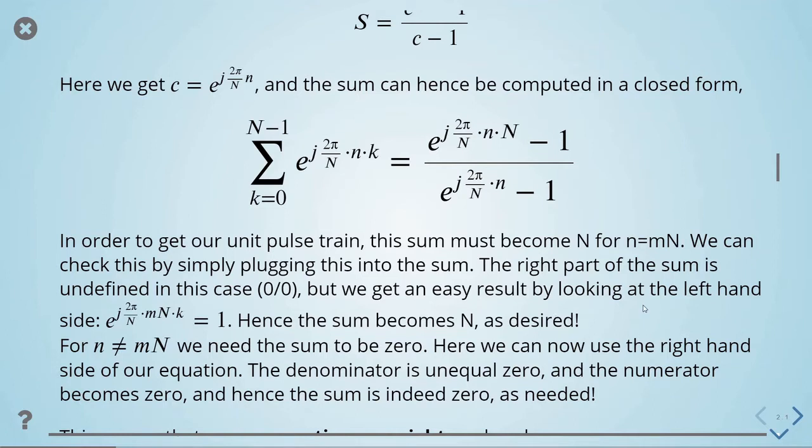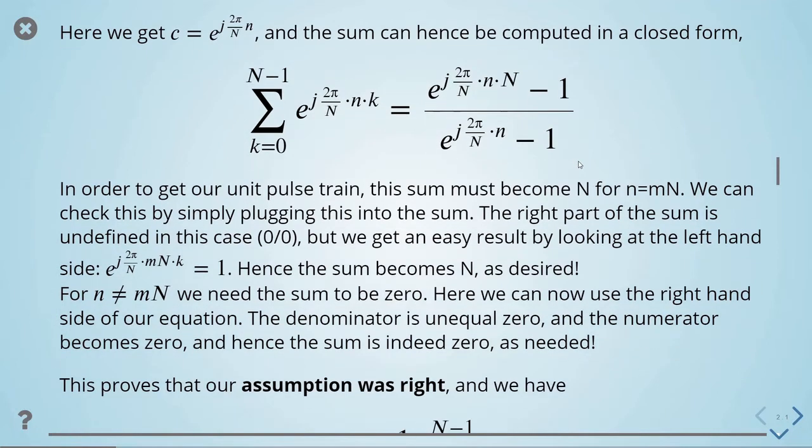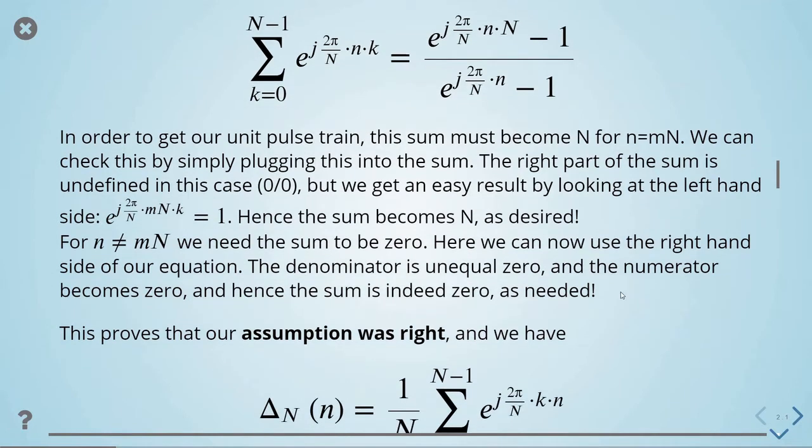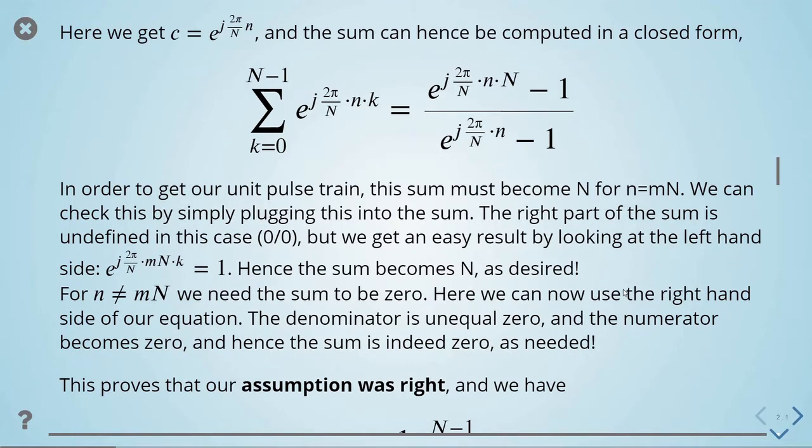But for n different from m times N, we need the sum to be 0. Looking at the right hand side of the equation, the denominator is not 0, and the numerator becomes 0 when n is different from m times N, and hence this sum is indeed 0 as needed.